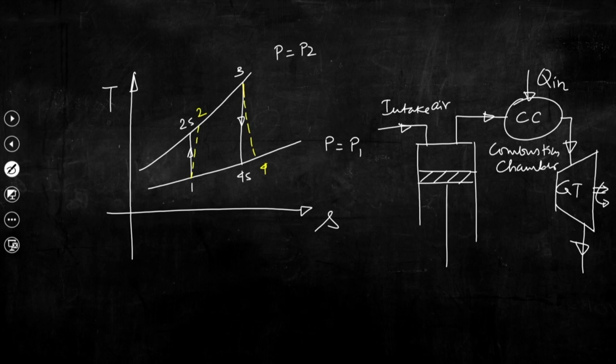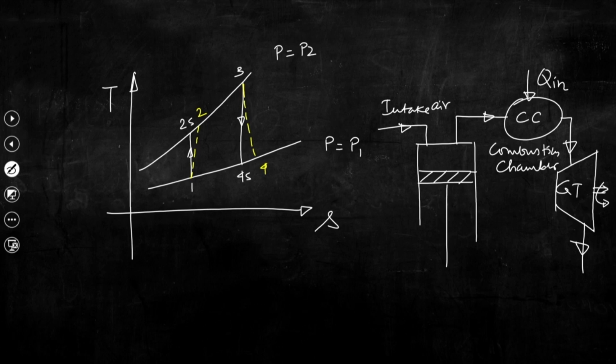Now, a case would be like this, that we are using single stage compression, but still would like to develop the same pressure, that is, the pressure ratio is the same. We are taking intake air in the compressor, with single stage compression going to the combustion chamber, again having some heat addition to this working fluid, and finally taking that high pressure, high temperature working fluid into the gas turbine, where it will expand and we will get a certain amount of work.